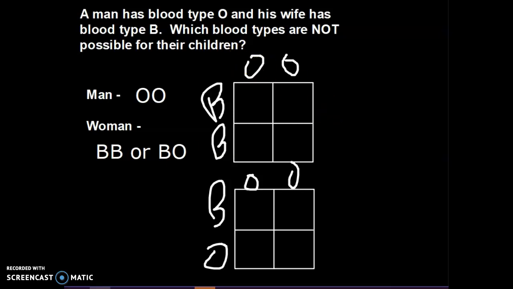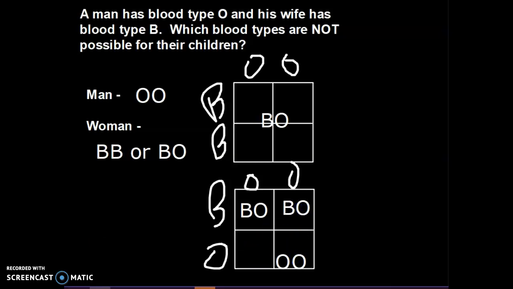Okay, so all of these will end up being type B, right, BO, which turns into type B blood. And then down here you end up with two options though. Okay, we can have heterozygous B, or, oh, I did that wrong, didn't I?